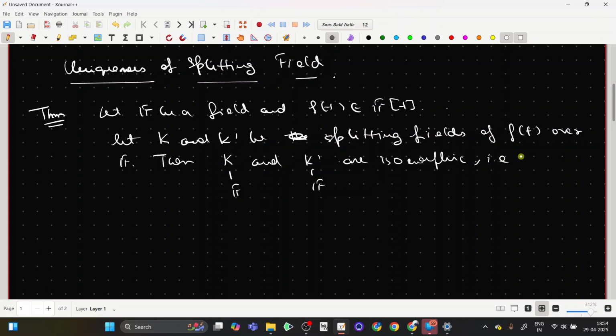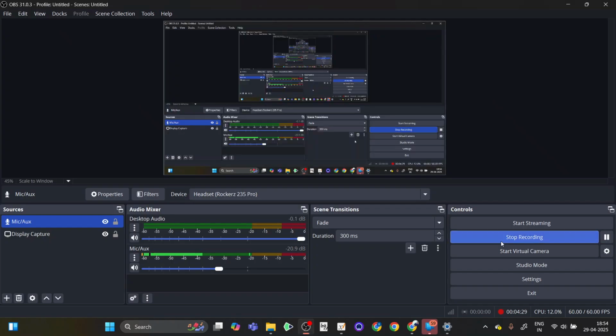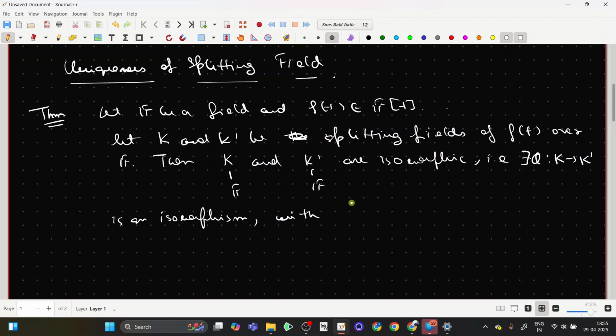What is meant by isomorphic extension? We discussed this in the previous lecture. The two extensions are said to be isomorphic if there exists an isomorphism phi from K to K prime, with phi restricted to F being the identity map.